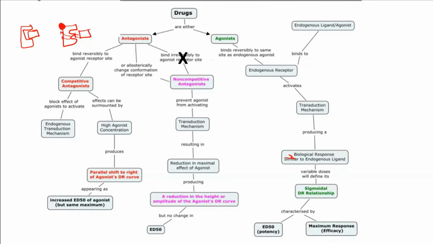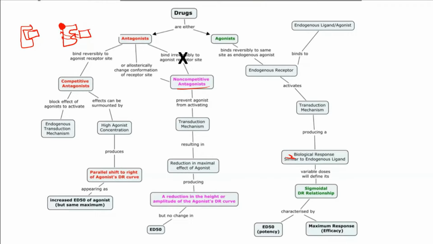So this is what we call non-competitive antagonism. It prevents the agonist from activating the transduction mechanism, resulting in reduction of the maximal effect, producing a reduction in the height of the agonist dose response.